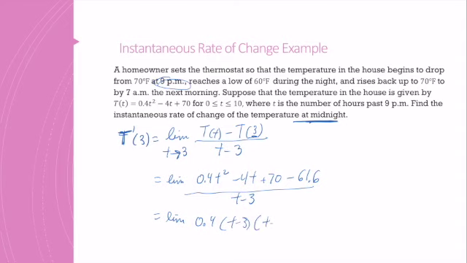This t minus 3 in our denominator is going to cancel. So I'm looking for the limit as t goes to 3 of 0.4 times t minus 7, and I get negative 1.6. So my instantaneous rate of change of temperature at midnight is negative 1.6 degrees Fahrenheit.